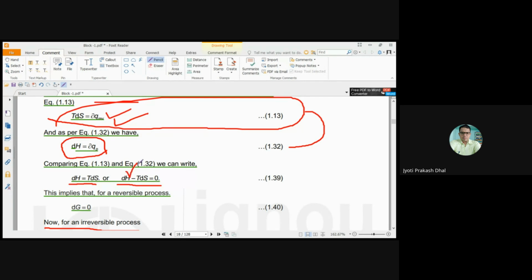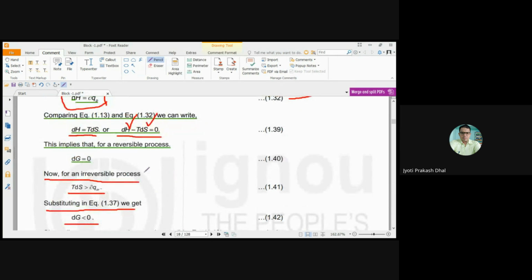Enthalpy is a state function, entropy is a state function, and temperature is constant. So the combination of both state functions gives rise to another new state function, called the Gibbs free energy change, that is dG equals 0. So in place of dH minus T dS, we are writing dG.